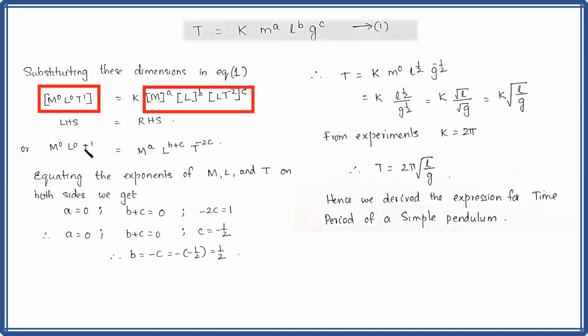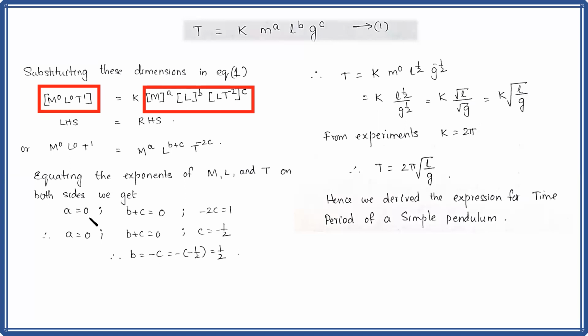Then LHS T to the power of 1 and T to the power of minus 2c. Therefore, minus 2c is equal to 1. Therefore, c is equal to minus 1 by 2.